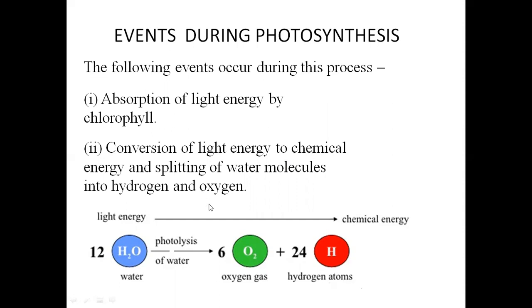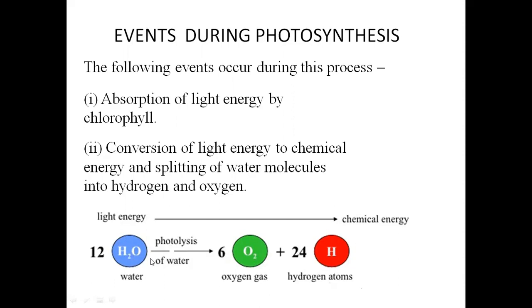Now, the second thing that happens during photosynthesis is that the water which is present in the leaves is broken down, or it splits into oxygen gas and hydrogen atoms. This splitting of water takes place in the presence of sunlight. So this is known as photolysis of water. Photo means light, lysis means to break.